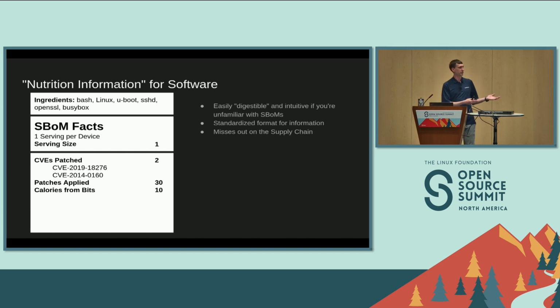And nutrition information for software gives you an intuitive sense that it's a standardized way of describing what's actually in your software, right? That's very helpful and I think easy for people to start understanding what we're going for with this. The thing I don't like about the nutrition information is that it really misses out on the whole supply chain aspect of SBoM, so I think you can go deeper than this.